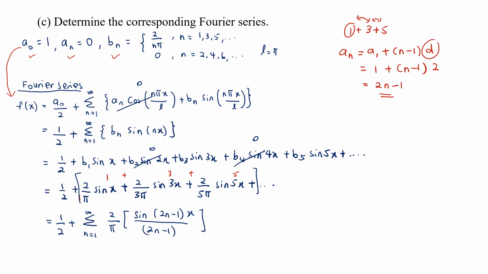So if you expand this, you will get the same series like this. Okay, so we simplify this, we take out 2 over pi, so we get summation of n equals 1 up to infinity sine (2n minus 1)x over 2n minus 1. So this is the Fourier series formula for the function in question number 1.